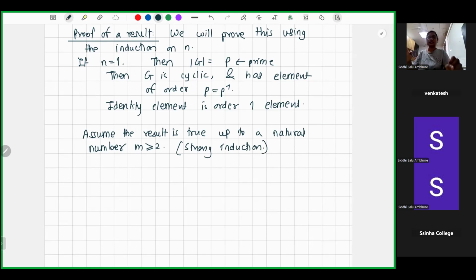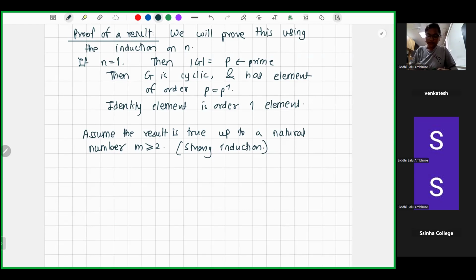I hope you know the difference between induction and strong induction. In induction, I have the base case true, the nth stage true, and n plus 1 becomes true. In strong induction, the statement holds for all n between 1 and n, and then I prove using that it is true for the n plus 1 stage. Mathematically it is weaker, but we call it strong induction.